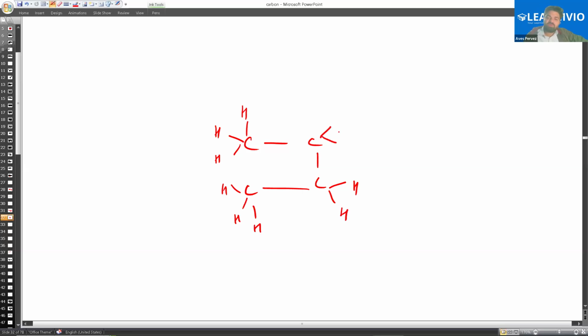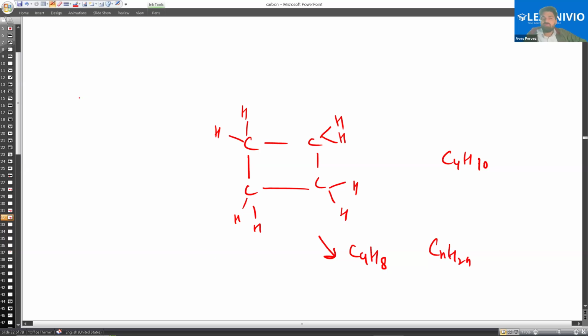So still the formula is C4H10. But if these 2 carbons are going to make a bond, this hydrogen and this hydrogen will be removed, and they will make a bond here. Now the formula will be C4H8, and that is CnH2n.